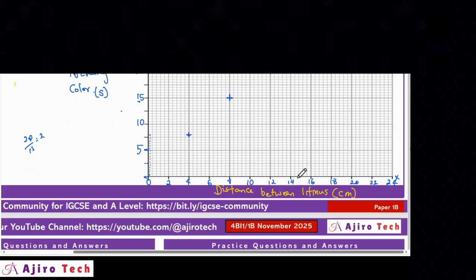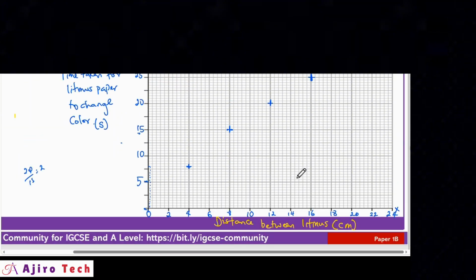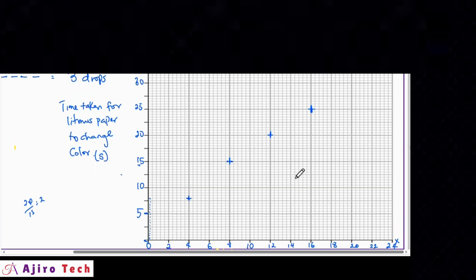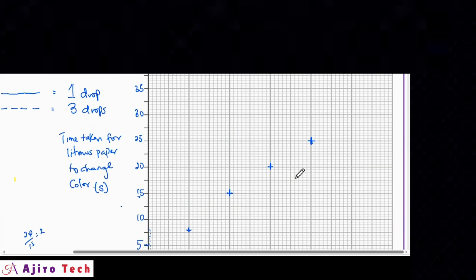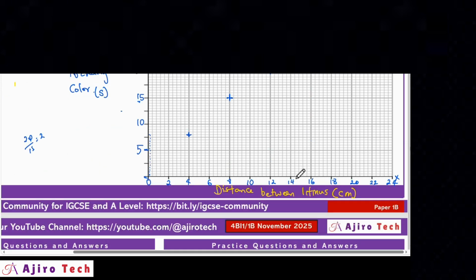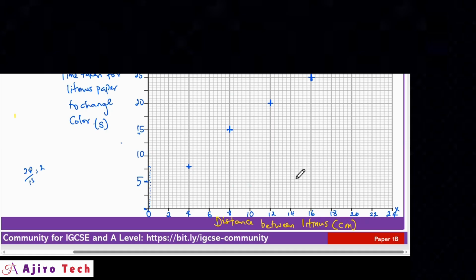The more you make your graph attractive, not by shading, but by carefully drawing your lines, and I don't even need to draw any straight line. I made use of the line that has been drawn there, and I carefully chose my scale. If you carefully choose your scale and carefully draw, your graph will be very, very neat.